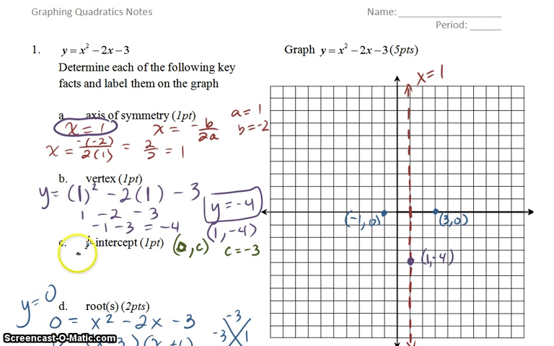But to double check, y-intercepts are found where x is 0. So let's just go through the math. y equals 0 squared minus 2 times 0 minus 3, which is 0 minus 0 minus 3, which is negative 3. So y is negative 3, and my ordered pair is (0, negative 3).